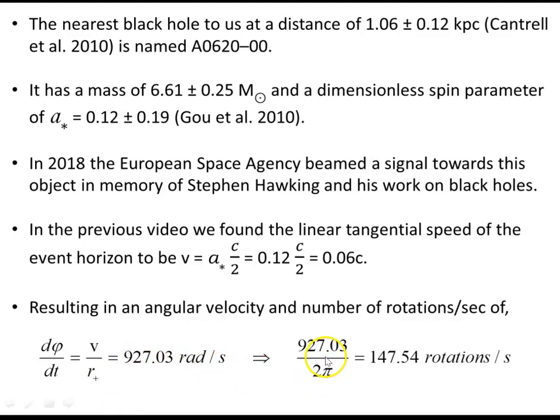To work out how many complete rotations per second, we divide that by 2 pi, which gives us 147.54 rotations per second. So this object, even with a low dimensionless spin parameter of 0.12, is still performing 147.5 rotations every second.